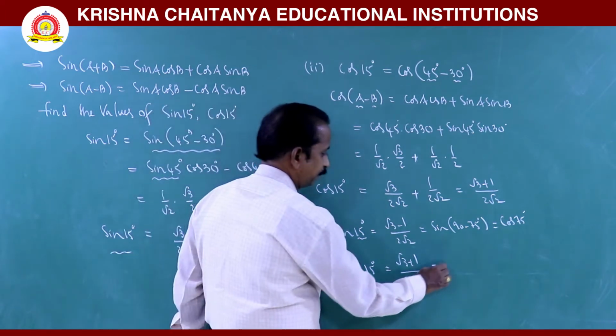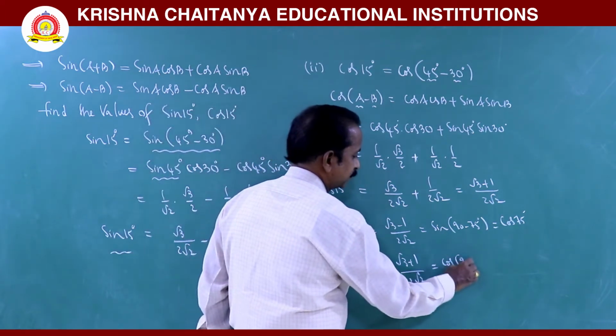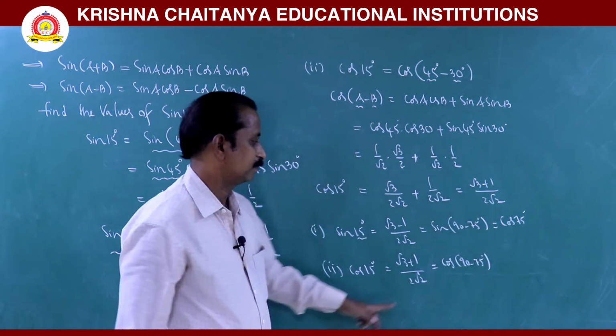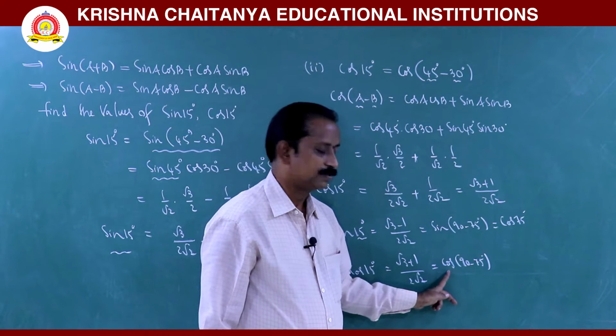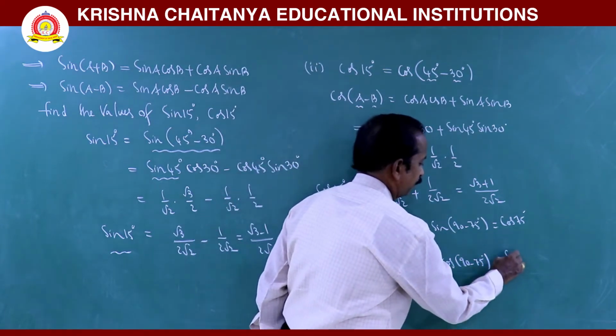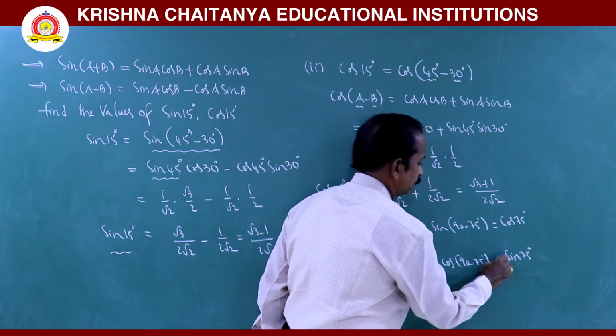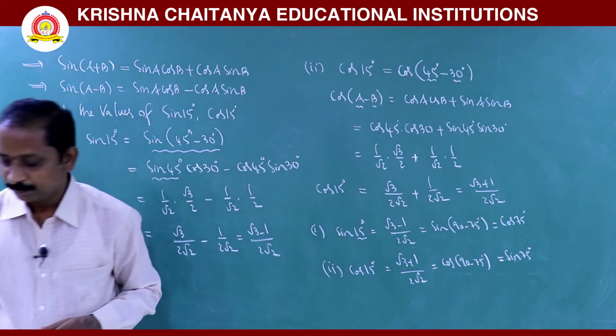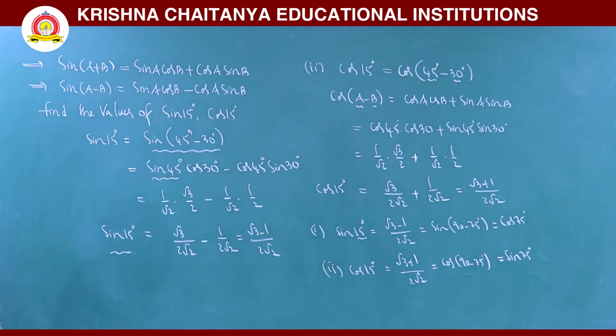But cos 15 can also be written as cos of 90 minus 75. Same, quadrant 1 positive, changes as sin. So cos 15, which is equal to sin 75, the value should be root 3 plus 1 by 2 root 2.